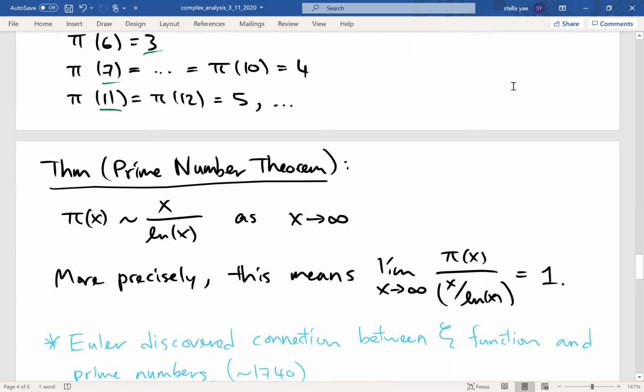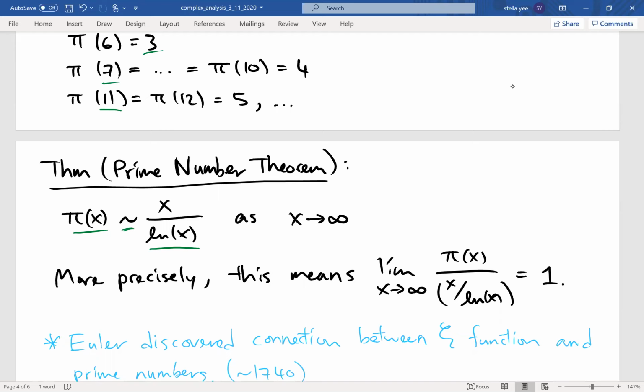All right, so here's the prime number theorem. So this is actually a theorem. We have a proof for it, although I can't cover it in this course. The prime counting function is asymptotically equal to x divided by natural log of x as x goes to infinity. So this squiggly symbol means asymptotic.